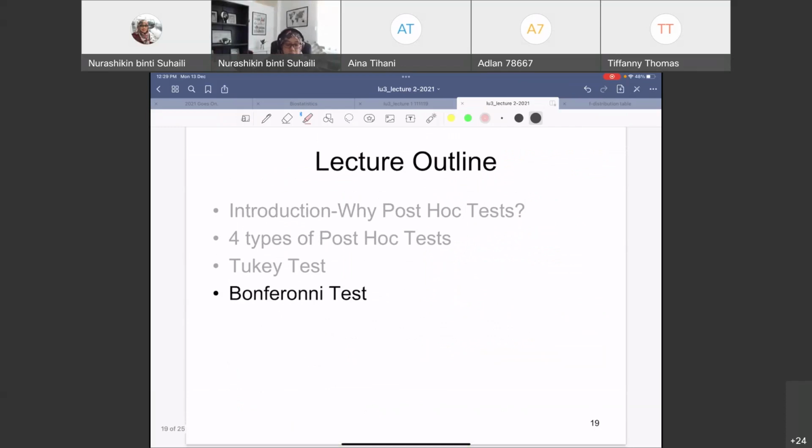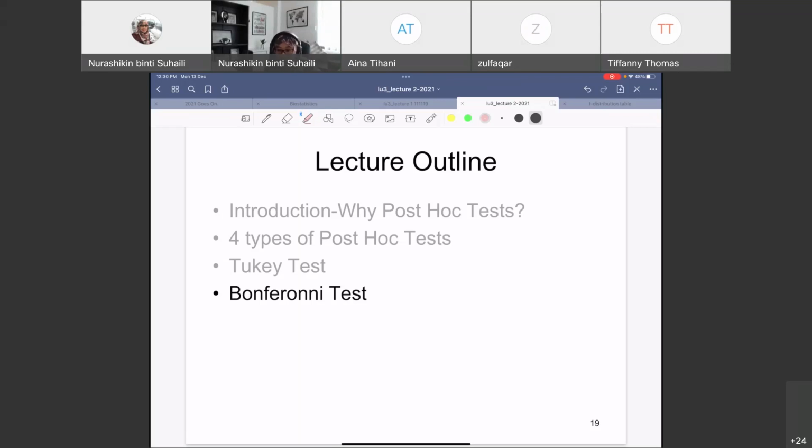Can we have a 5 or 10 minutes break before we proceed with Bonferroni? Or is it too much already for you? Or if you don't want to proceed with Bonferroni, we can proceed in the next lecture because I feel that it's too much for you to digest.